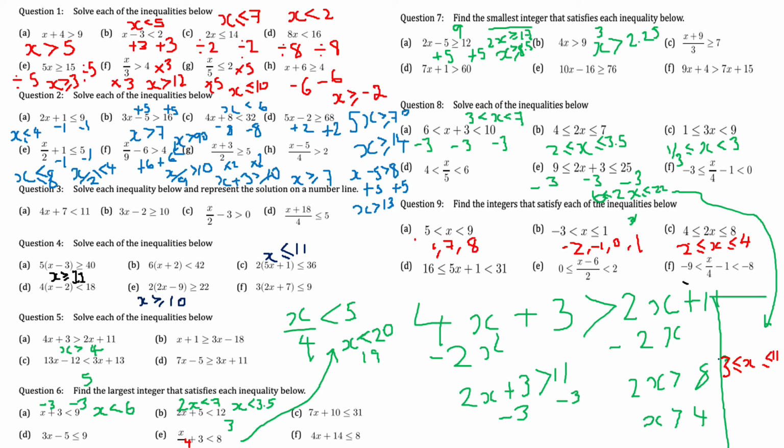For example, if I have minus x is less than 1, to find what x is, I multiply through by minus 1 and the sign flips. So if you multiply or divide by a negative number, the sign switches its way round.